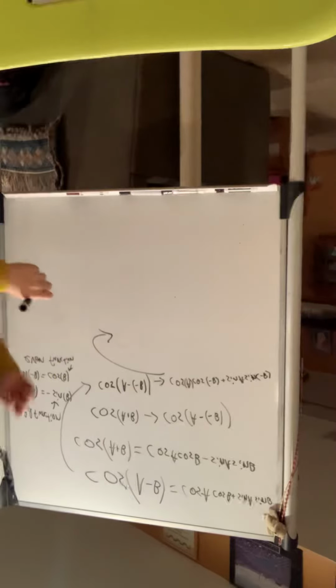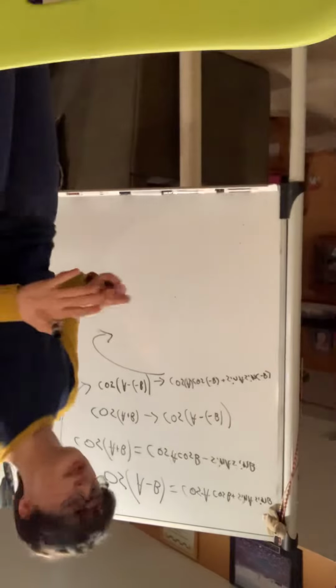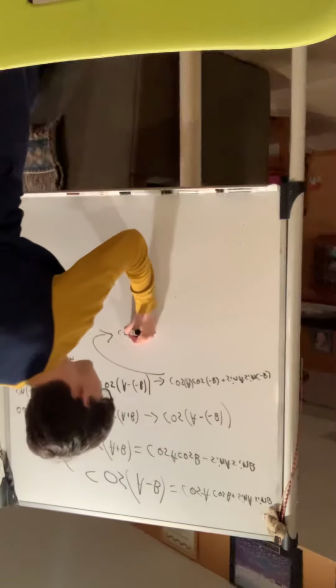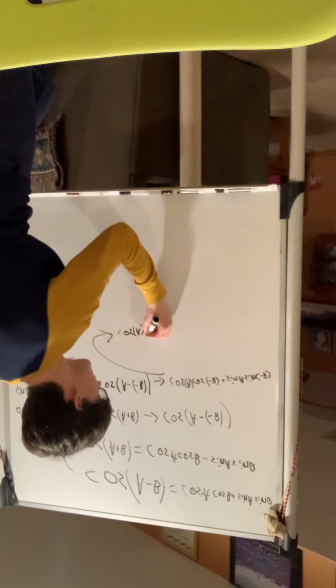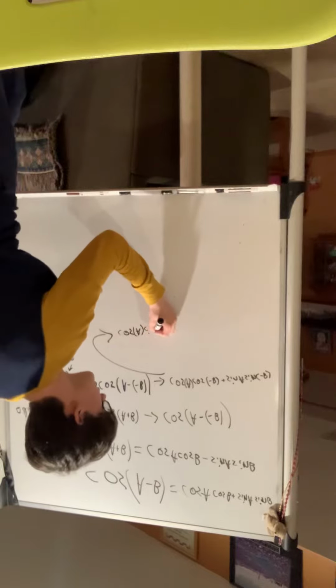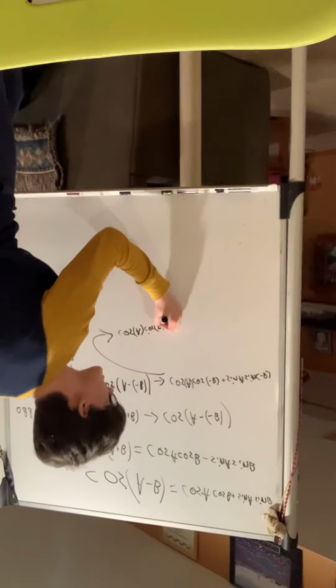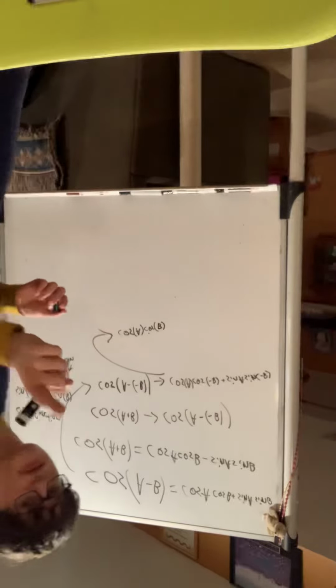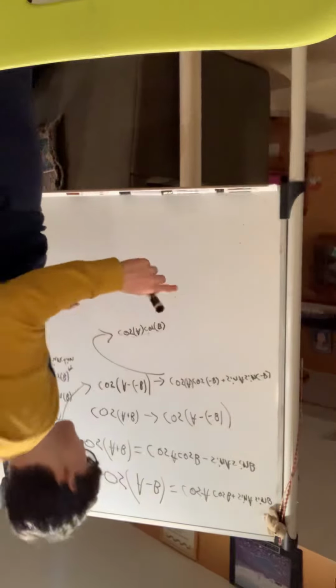Now, using what we just got, we are going to use our even and odd functions, which I just went over again. I'm not going to prove it again, but that turns into cosine A cosine B, because cosine negative B turns into cosine B with our even function. Remember that, write that down, that's on the test.